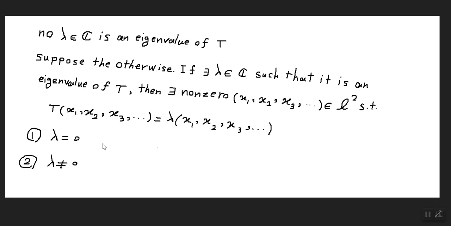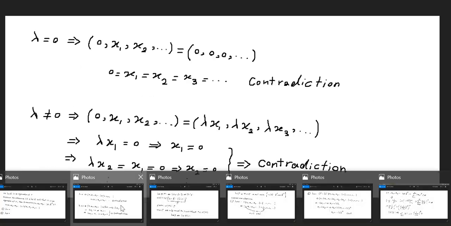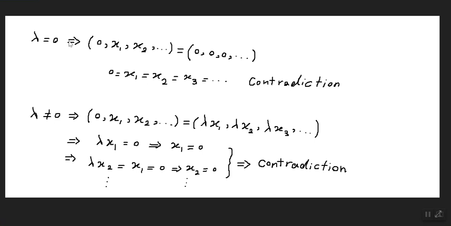To get the contradiction, we consider two cases separately: lambda is 0 and lambda is non-zero. If lambda is 0, the right hand side will be completely 0. The left hand side is Tx, which is (0, x1, x2, ...), and the right hand side becomes 0.